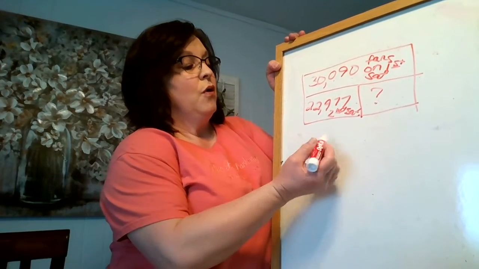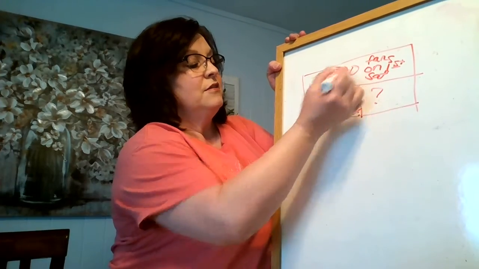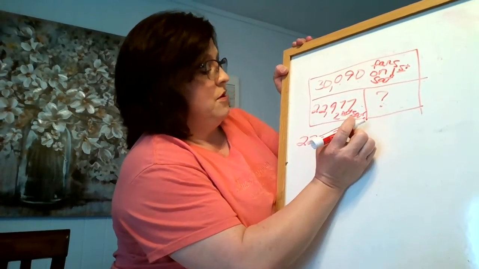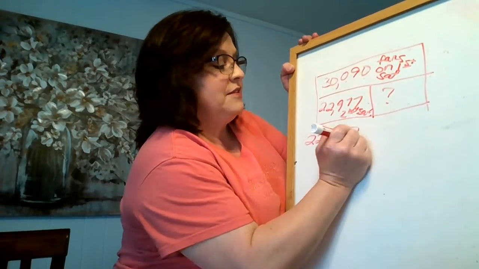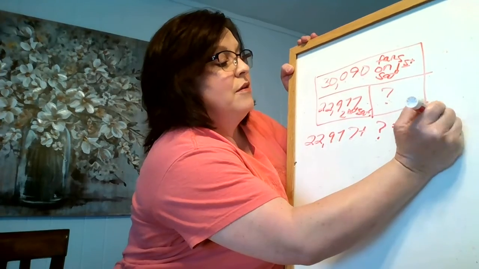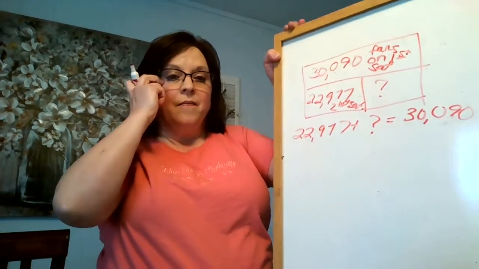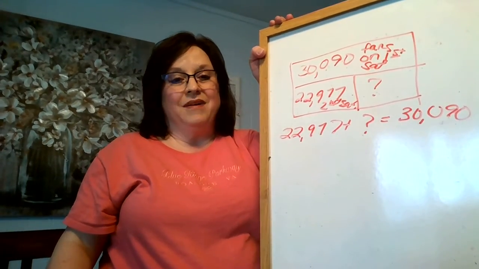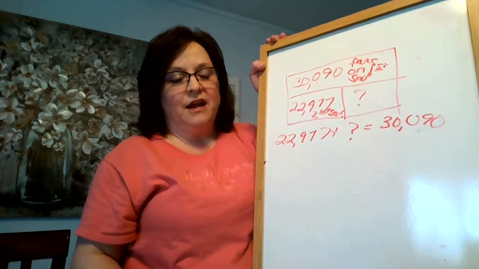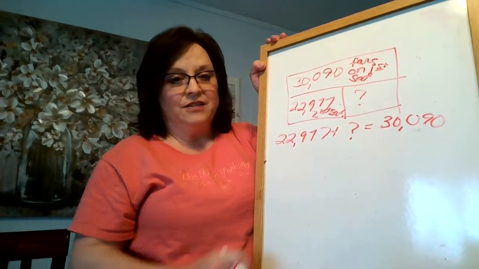Well, since we know this plus this equals this, 22,977 plus something equals 30,090. It's a little difficult to add up to 30,090, so we're going to subtract instead.